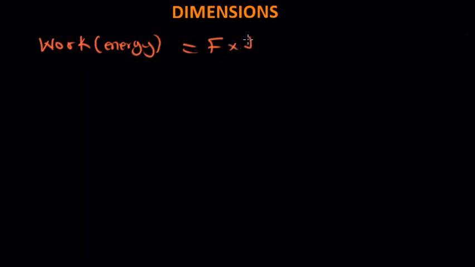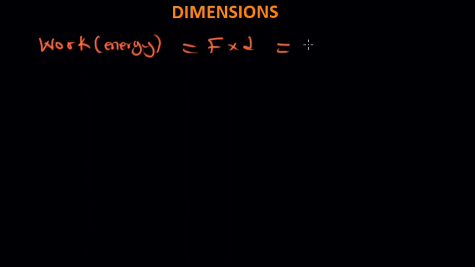So now let's consider a few of the quantities. We have a quantity like work, and energy has the same dimension. The formula is force times distance. So the force applied to move something through a distance, in this case d, is the formula for work or energy.